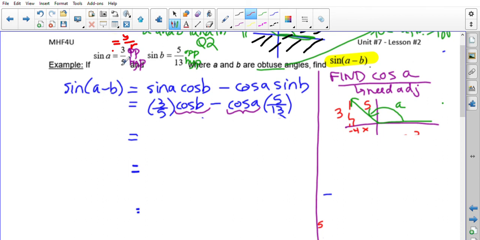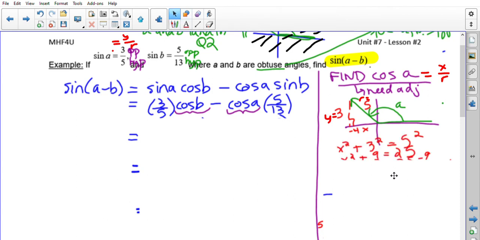So this gave us 2 dimensions of the right triangle. It gave us opposite, so it gave us y, and it gave us the radius of 5 here. So if we need to find cos of this angle, I need x, because cos A is going to be equal to x over r. So how do I find x?